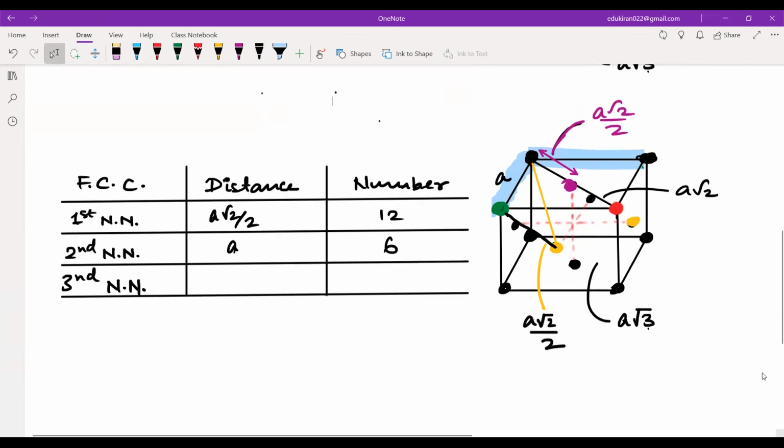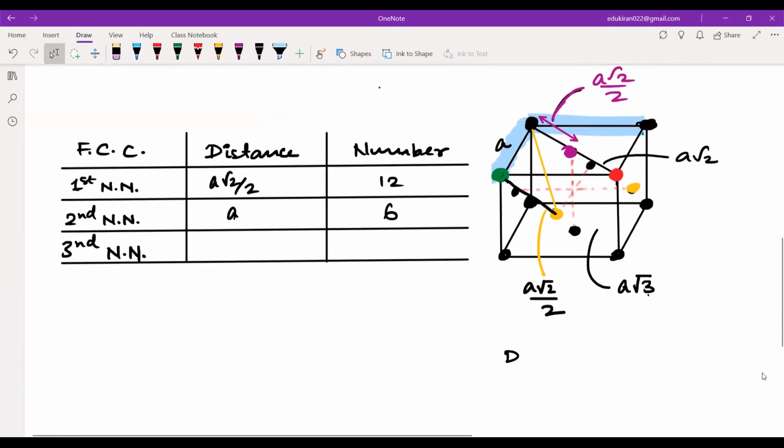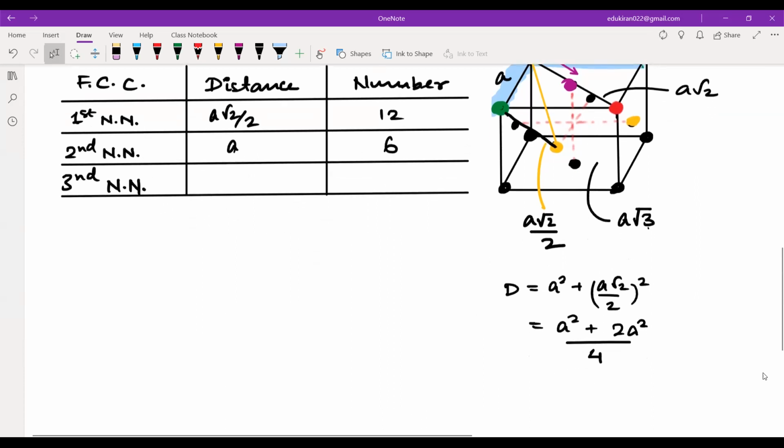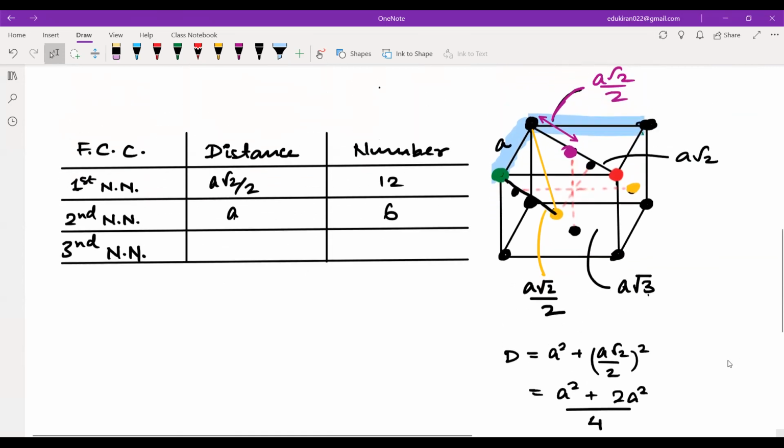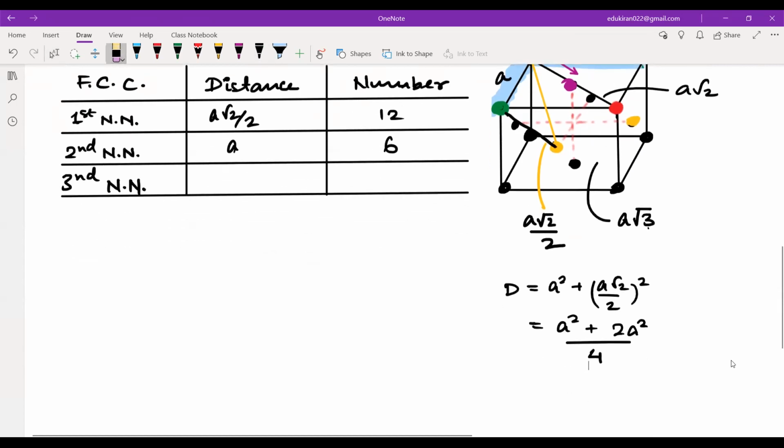As hypotenuse. So if I want to calculate the distance, this will be equal to A square plus A root 2 by 2 whole square, which will be equal to A square plus 2A square divided by 4. Yes or no? The 4 will only be for 2A square.